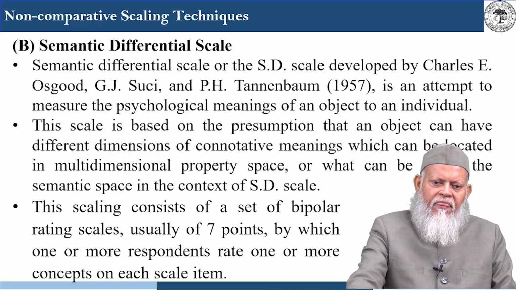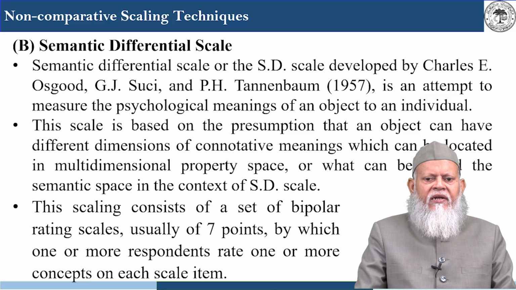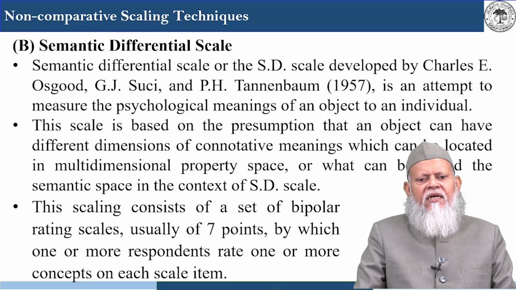Next is the semantic differential scale. The semantic differential scale, or the SD scale, developed by Charles E. Osgood, G. J. Suci, and P. H. Tannenbaum, was an attempt to measure the psychological meanings of an object to an individual.